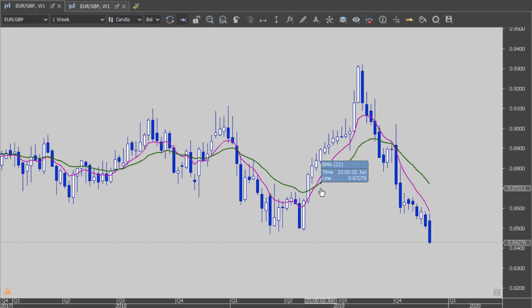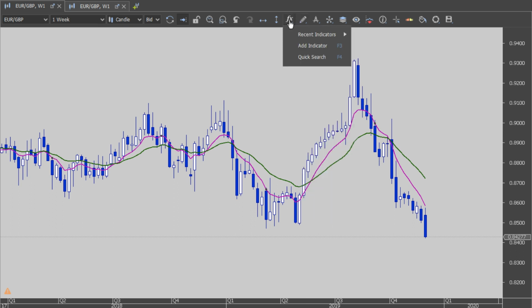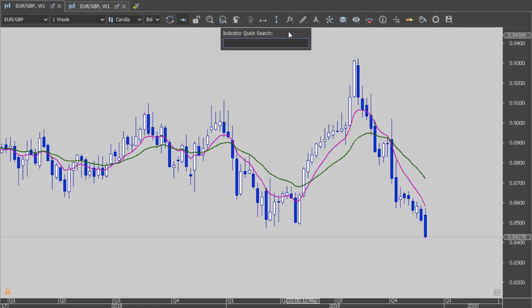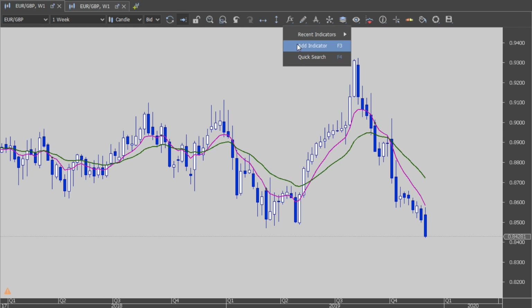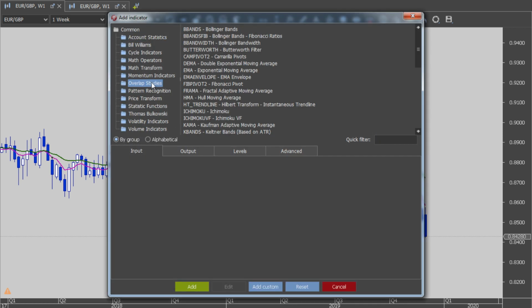Can you find it under overlap studies? Yes. Oh, thank you, Miguel. So add indicator, not this one. Miguel says overlap studies. Thank you, Miguel. There you go, EMA, exponential moving average.